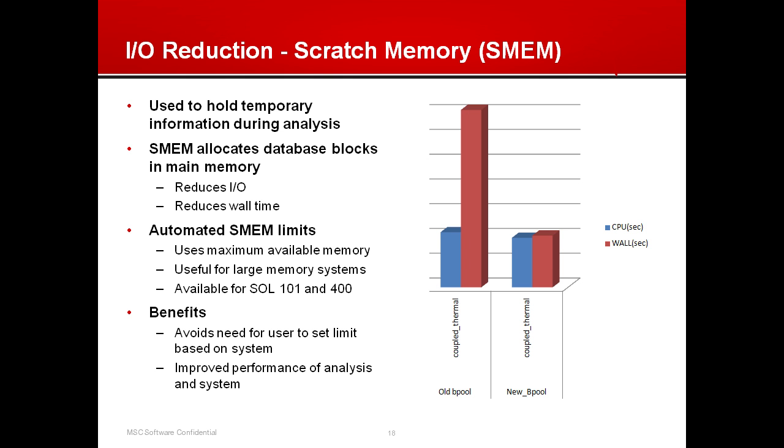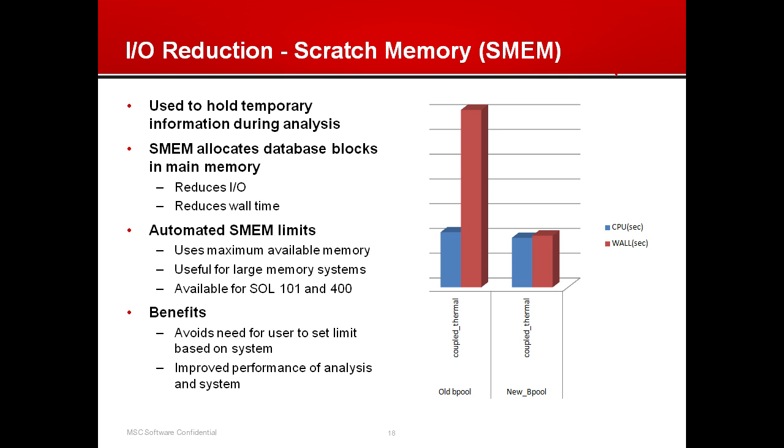So in terms of memory, really all of MCAE has evolved since when I first started doing analysis, about 36 years ago. Memory is more prevalent, memory is less expensive.